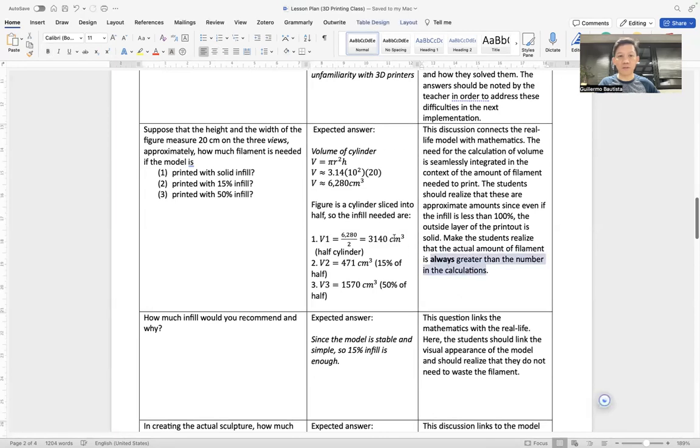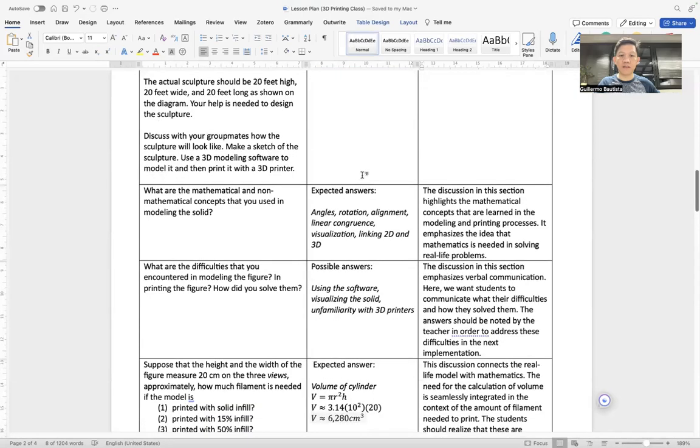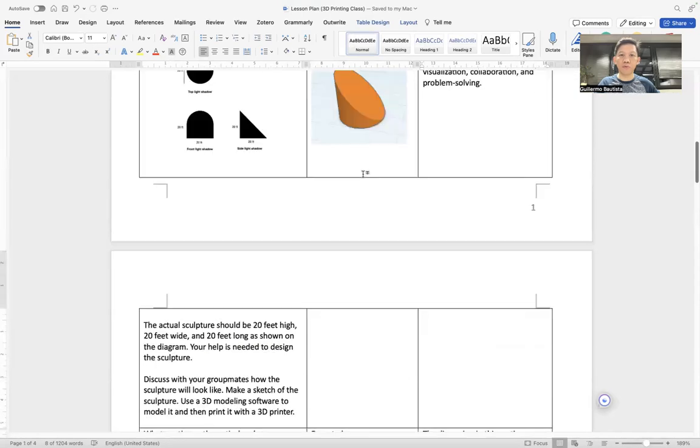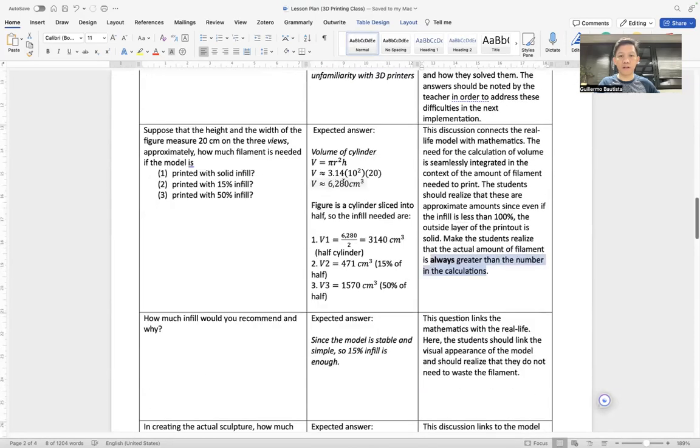So the formula, of course, is the figure is a cylinder, and it's cut into two, diagonally. Of course, the formula for the volume is pi r squared times height, and the radius is 10 because the diameter of the cylinder is 20.